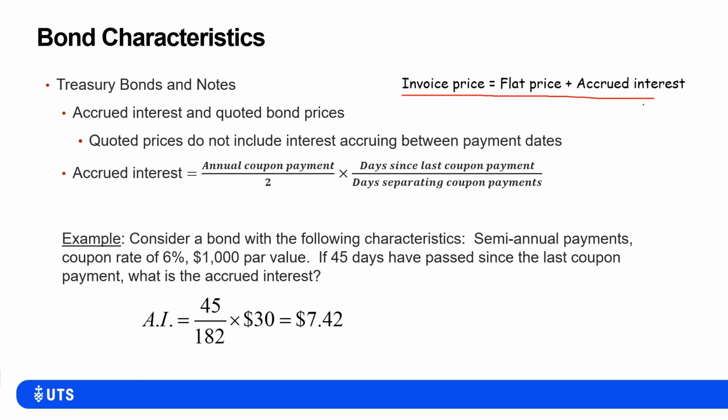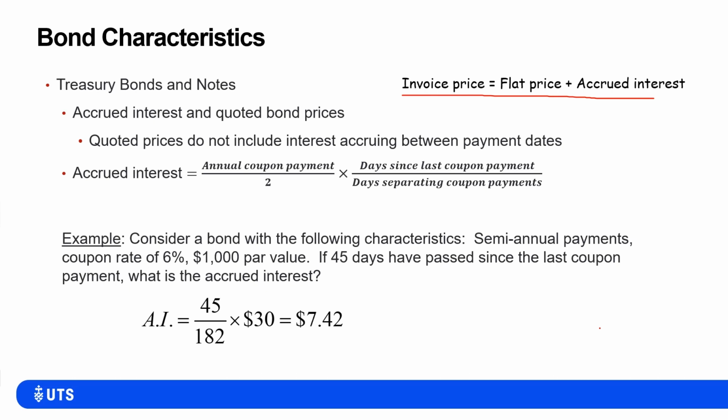If we multiply the quoted price by the face value, we obtain the flat price, and the invoice price or the full price will be equal to the flat price plus the accrued interest.